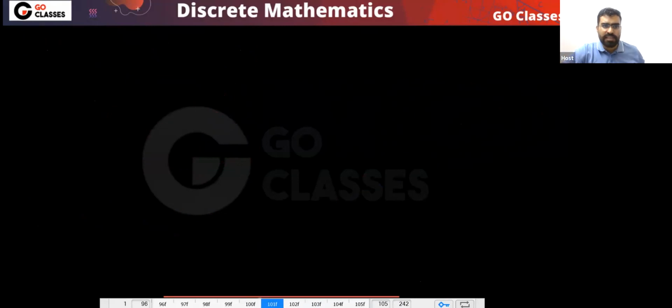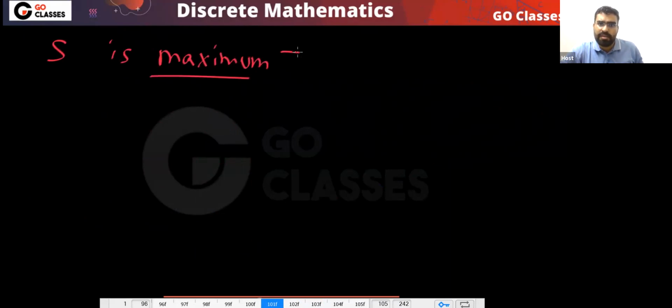So finally, if you have a maximum independent set, let's assume S is a maximum independent set in G. Then tell me what it will become in G complement.